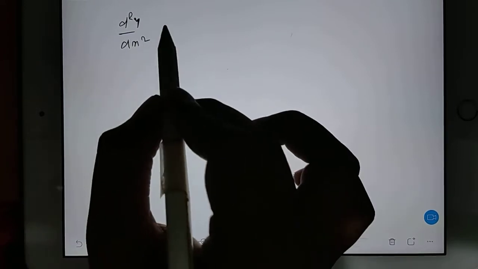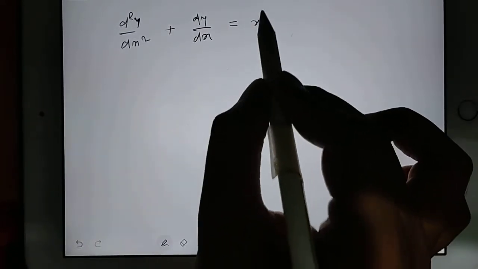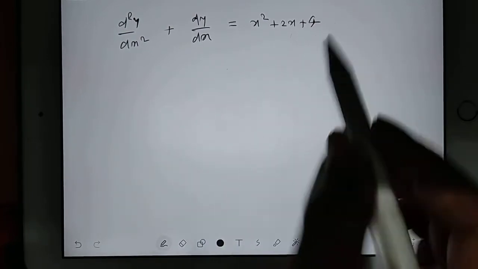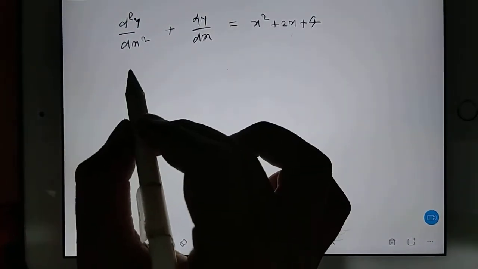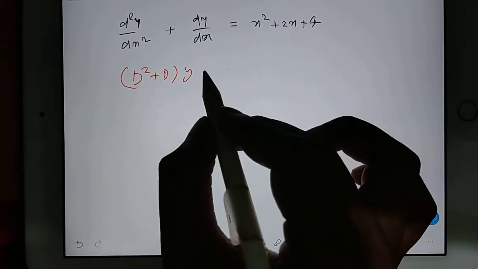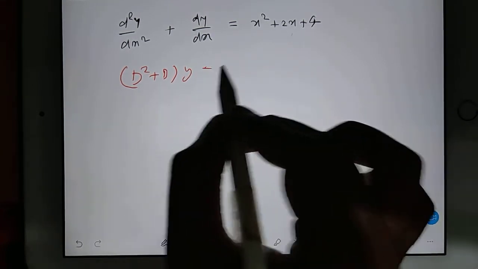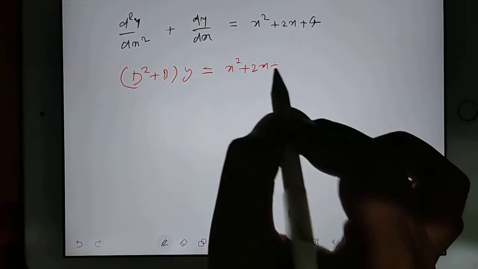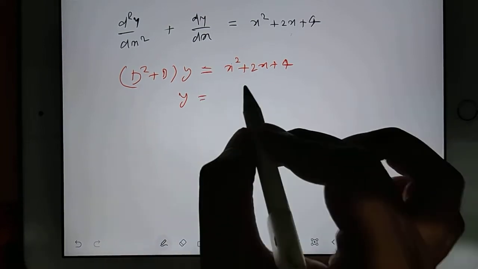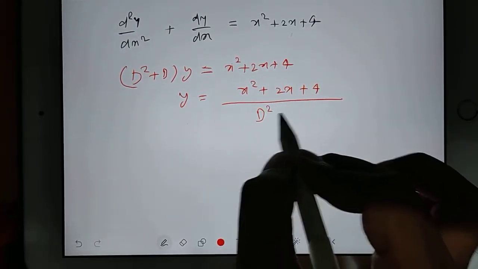d2y by dx square plus dy by dx is equal to x square plus 2x plus 4, and this is D square y plus D y equals x square plus 2x plus 4. Then your y value is (x square plus 2x plus 4) by (D square plus D).